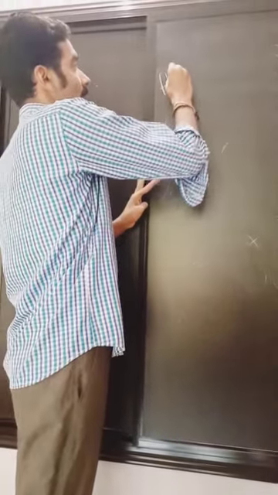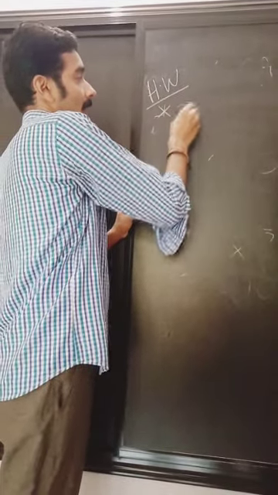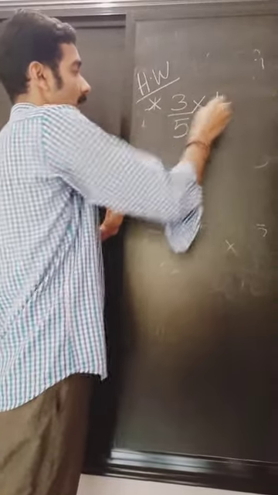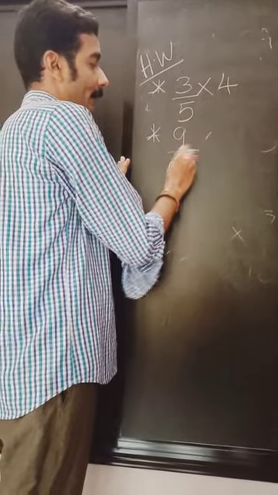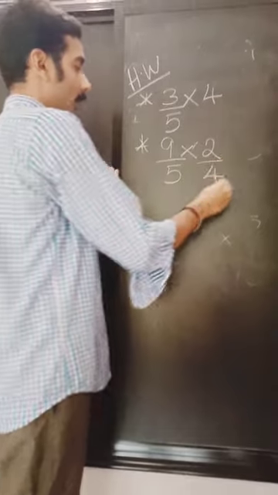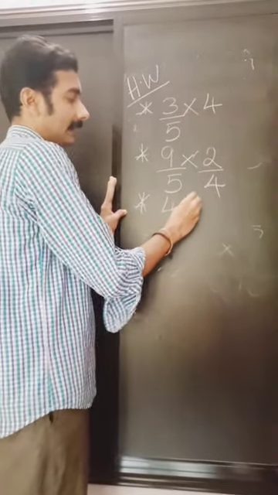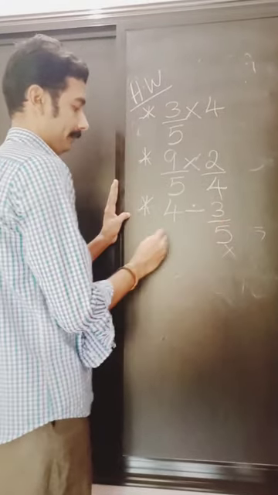Okay, then you write some important questions, that means homework, in your notebook. Question is, first one, 3 by 5 into 4. Another one is 9 by 5 into 2 by 4. Third one is 4 divided 3 by 5.